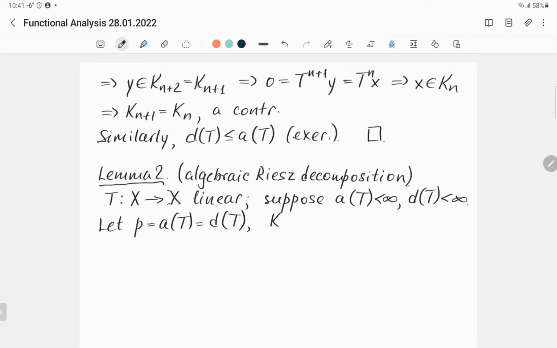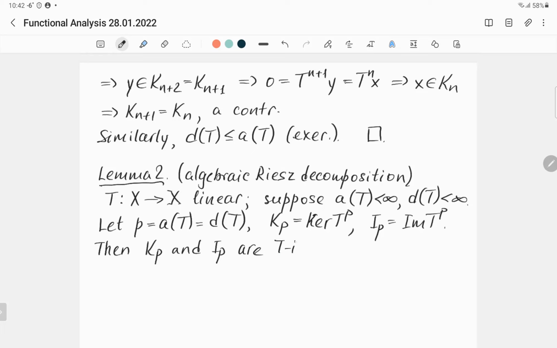Let Kp denote the kernel of T to the power P, and let Ip denote the image of T to the power P. I claim that both Kp and Ip are T-invariant subspaces. This is more or less immediate from their definition.